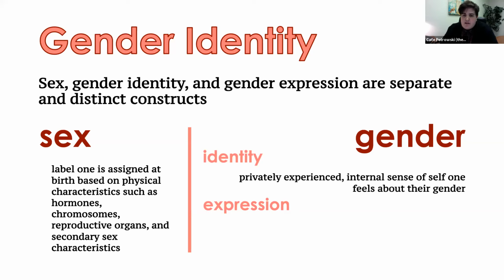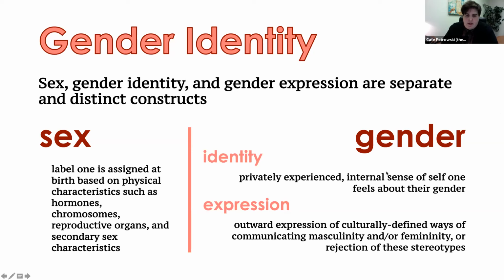Gender is more interior: it's your privately experienced internal sense of self and how you feel about your personal gender. Expression is how you express your gender, typically within the ways our culture identifies masculinity or femininity, or outside of or rejecting those stereotypes.